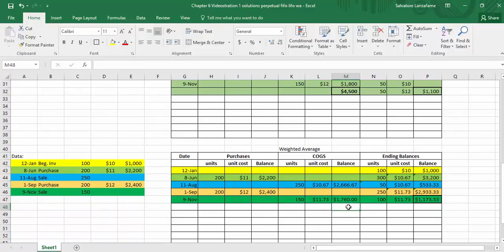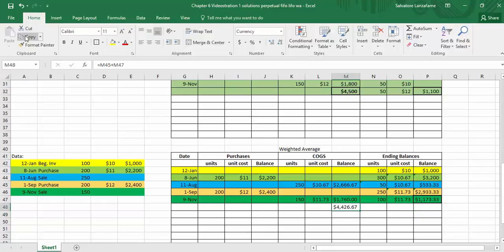In terms of the cost of goods sold total, if we add our two cost of goods sold amounts, this answer should be between the two cost of goods sold amounts that we saw for FIFO and LIFO. So let's take a look at it. We got 4,426.67.